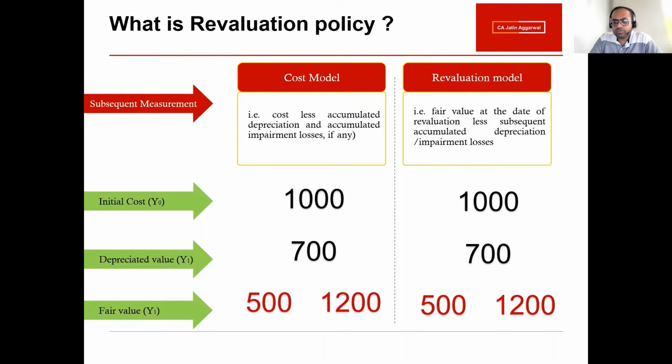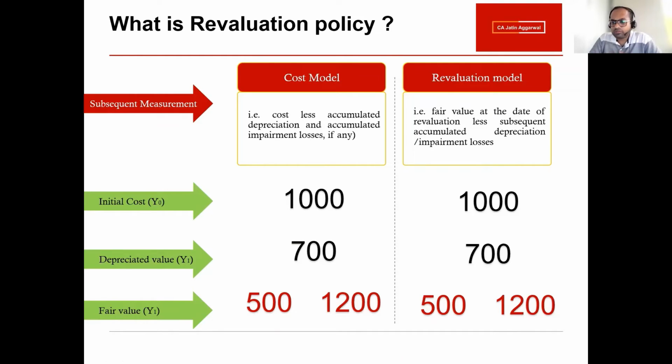Right? So how should we deal with this kind of situation in the cost model, and what is going to be the impact if we were following the revaluation model? I'm trying to keep this simple and not confuse this with impairment. Let's say that the value in use of a particular asset is more than 700, and that is why the recoverable amount of this asset is more than 700, and there is no impairment charge, right?